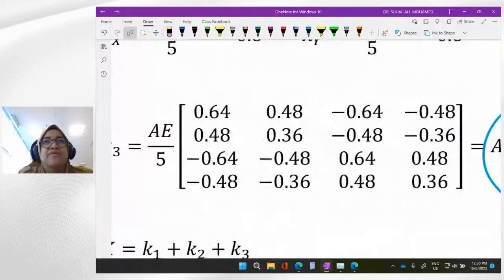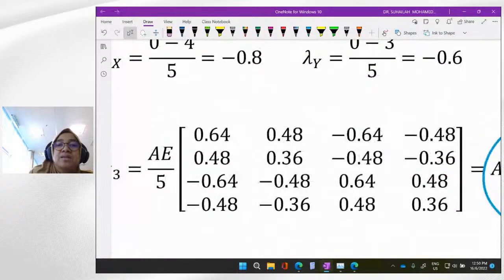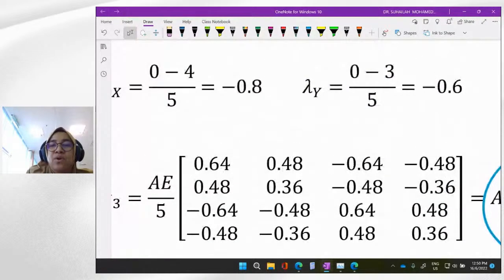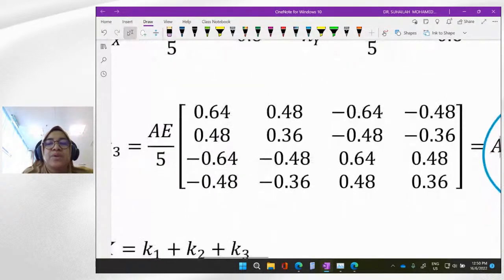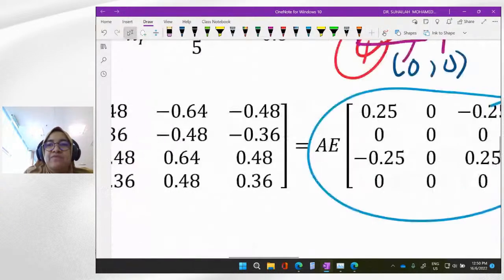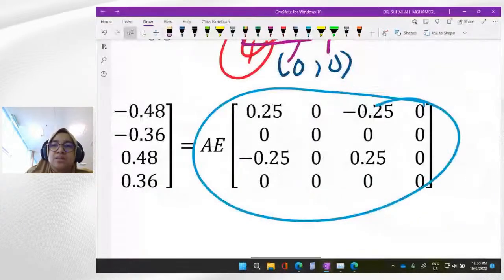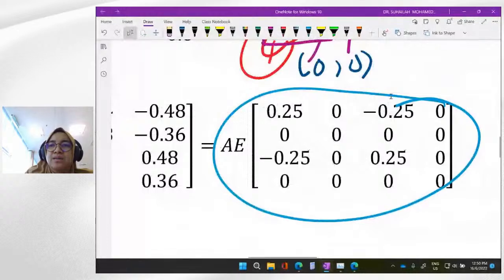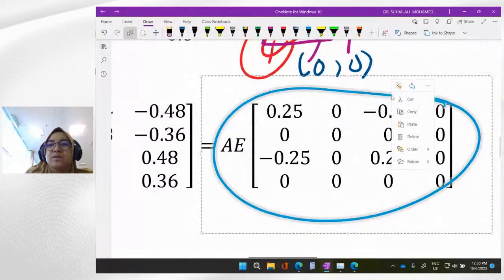So we get Cx square 0.64, Cx Cy 0.48, and we continue until we get all the values. So we divide by 5. We now change this one to the right value.